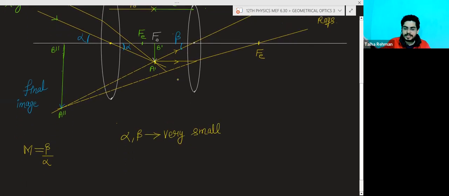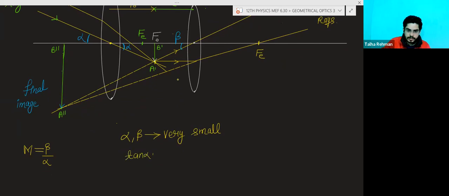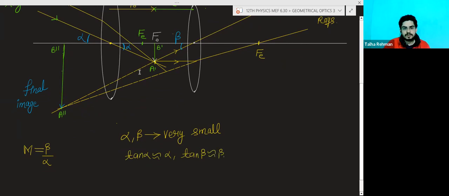If alpha and beta are very small, then tan alpha can be written as alpha, and tan beta can be written as beta. So first we will find tan alpha, then we will find tan beta.